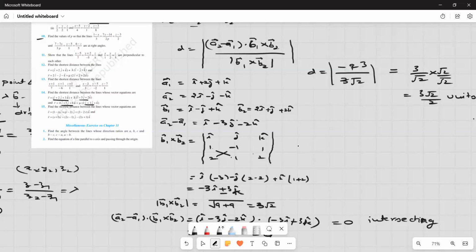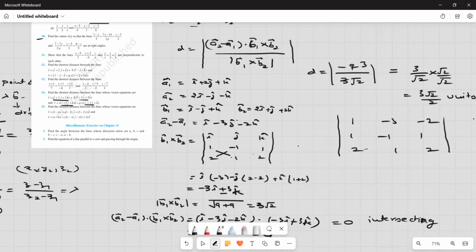For intersecting, you can directly take this way also. A2 minus A1 dot B1 cross B2: first, A2 minus A1 is 1, minus 3, minus 2, and then B1 is 1, minus 1, 1, and B2 is 2, 1 and 2.